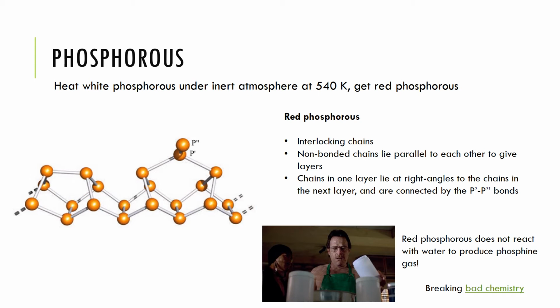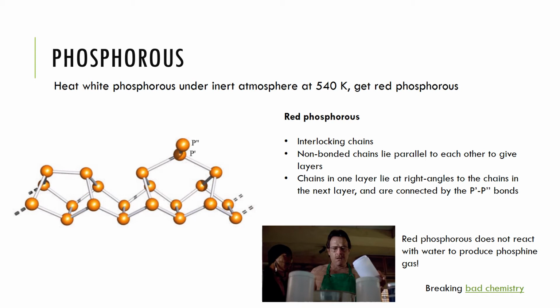And interestingly, there's a scene in Breaking Bad. Anybody who's seen the series Breaking Bad will remember a scene where Walt and Jesse, I think, are being held captive in a caravan and being asked to synthesize crystal meth by drug lords.